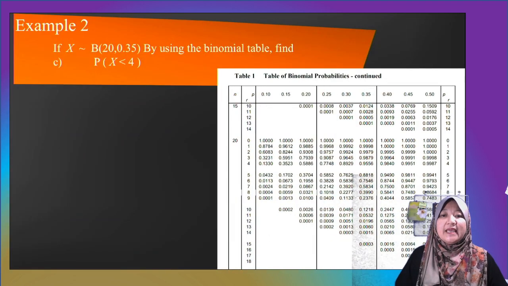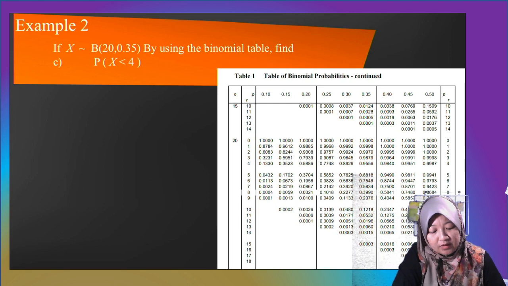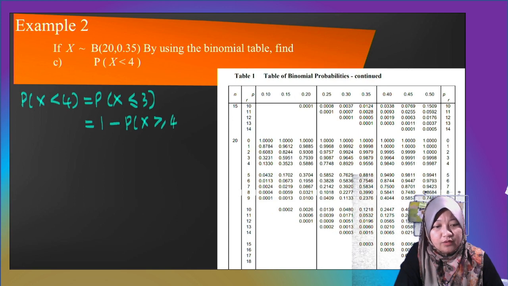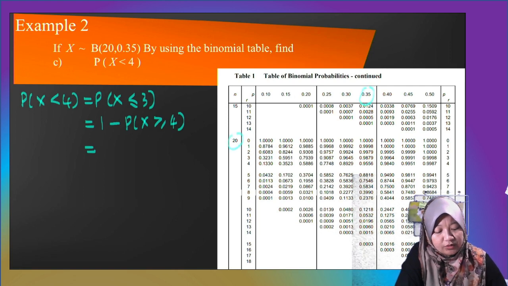Okay, probability x less than 4. So, probability x less than 4 maksudnya adalah probability x less than or equal to 3. So, to find this area untuk menggunakan table, so kita ambil probability 1 minus probability x greater than or equal to 4. Okay, baca pada table, cari kawasan yang betul.